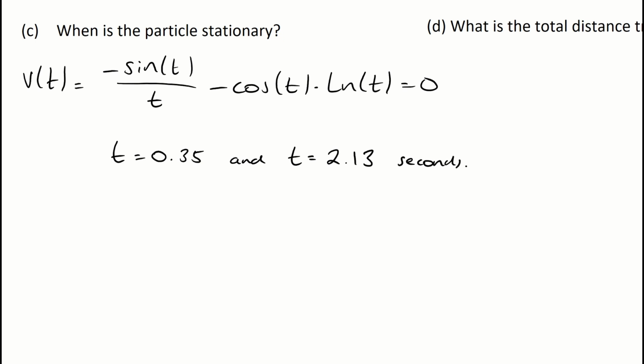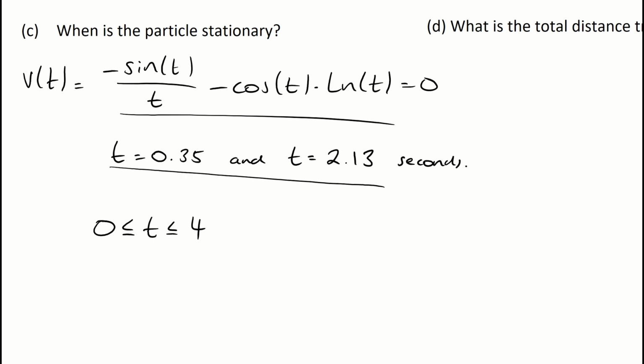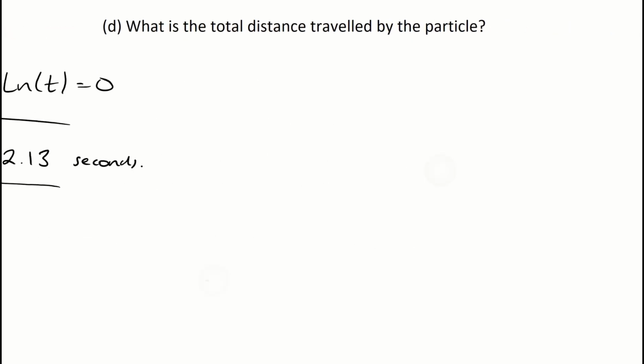Now, there are more solutions to this equation, but again, we have to keep in mind the restriction of our domain, that t sits between 0 and 4. That should yield these two solutions. And finally, probably the toughest part of this question: the total distance traveled by the particle. We have to take into account all the different time frames.